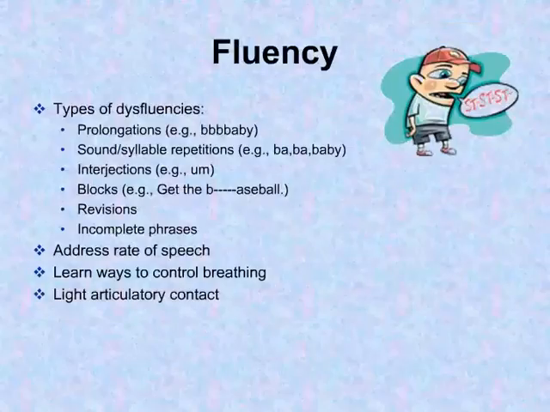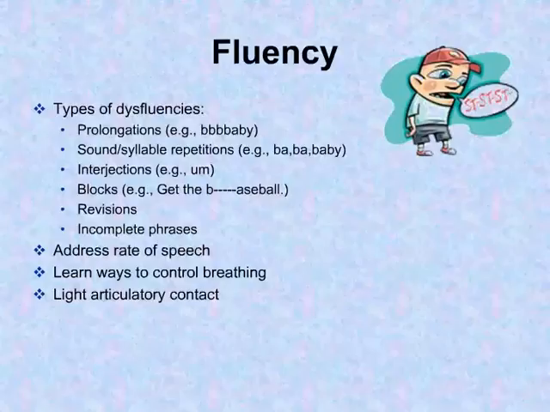Disfluencies occur when there is a breakdown or disruption in the flow of speech. Everyone experiences disfluencies at one time or another. Many children go through a normal disfluent period around the ages of 2 to 6. Stuttering typically consists of prolongations, sound syllable repetitions, interjections, blocks, revisions, incomplete phrases, and/or signs of tension in the face, neck, or shoulders.